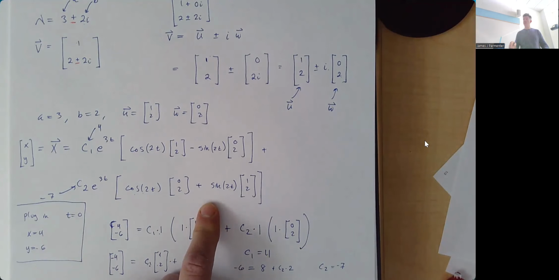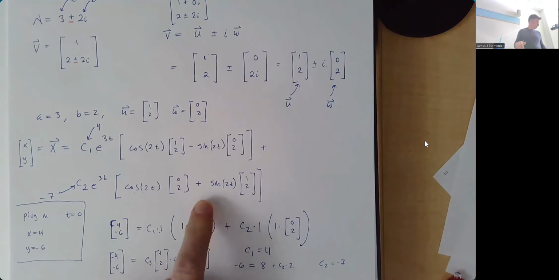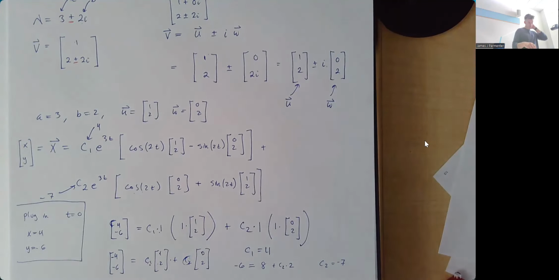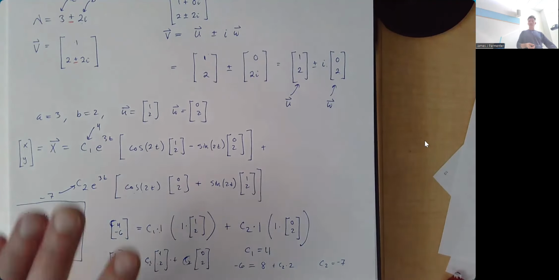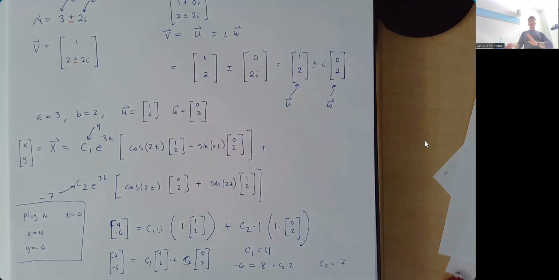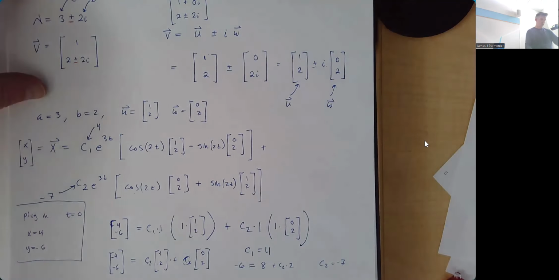I was looking at the solutions, and I think the ones with the zeros, like cosine 2t 0 and sine 2t 0, are not in the solution. Well, this is a problem I made up, so I'm not sure what solutions you're looking at. Do they do 0 times sine 2t?